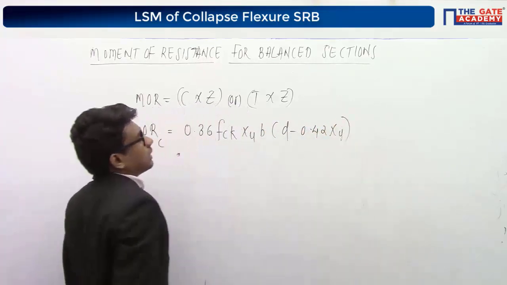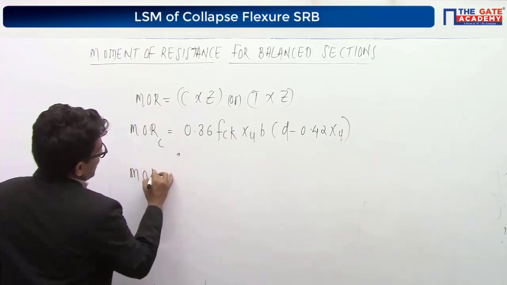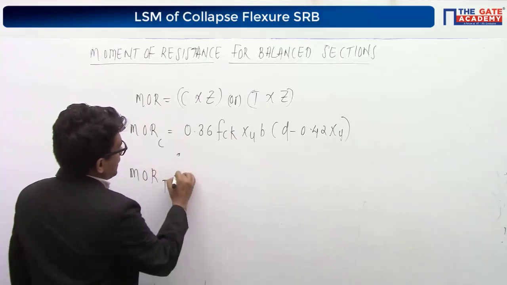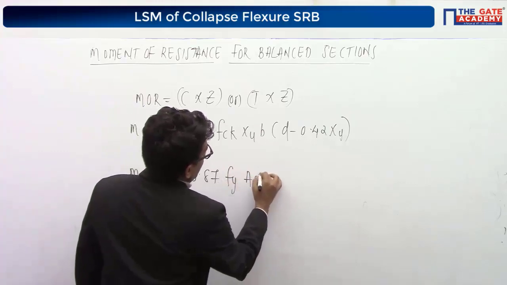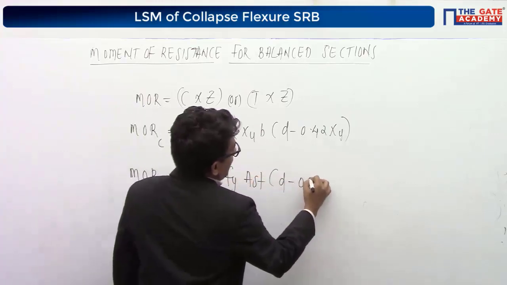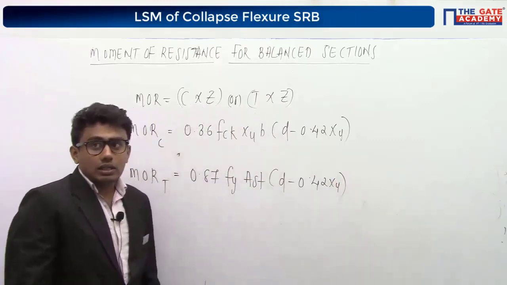That is the moment of resistance considering the compressive forces, and considering the tensile forces it will be equal to 0.87 Fy AST into D minus 0.42 XU.